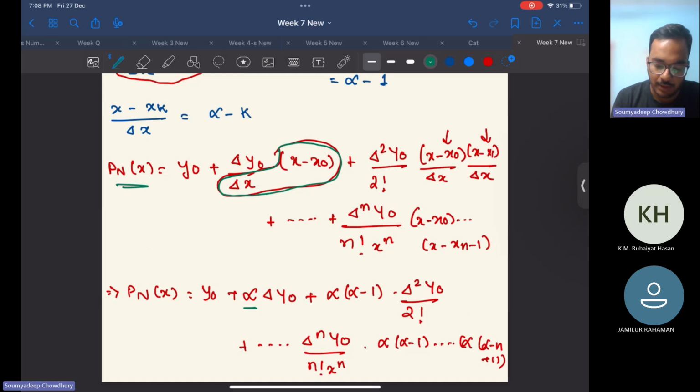This one is alpha. And this term, x minus x1 by del x, is alpha minus 1. So we have written alpha into alpha minus 1 into del square y naught by 2 factorial. Similarly, we can substitute this and get a simplified formula in terms of alpha.